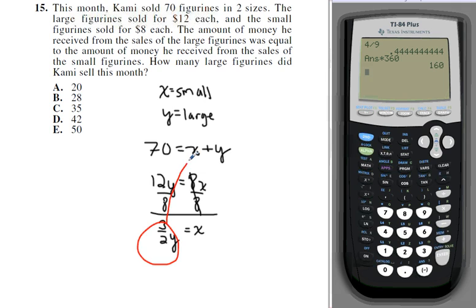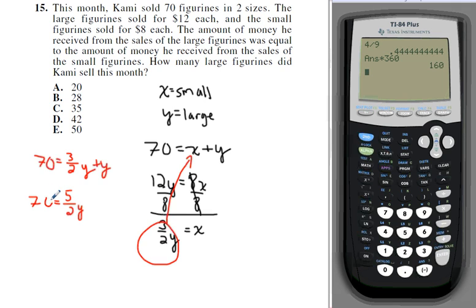So I get 70 equals 3 halves y plus y. So 3 halves y plus y gives me 5 halves y. So I get 70 equals 5 halves y.